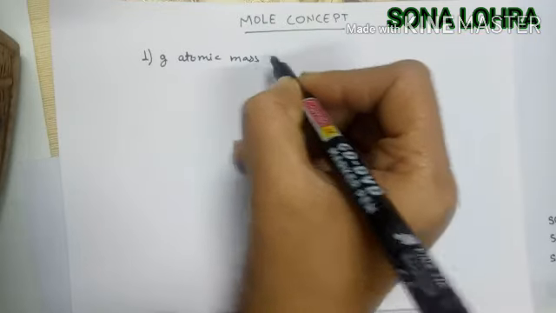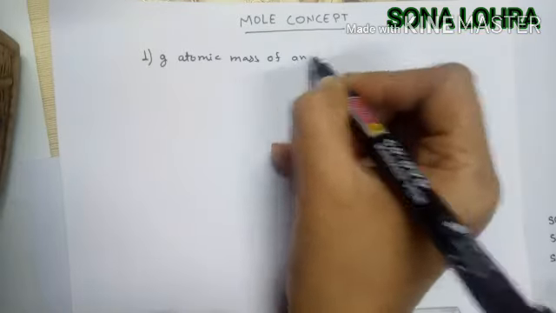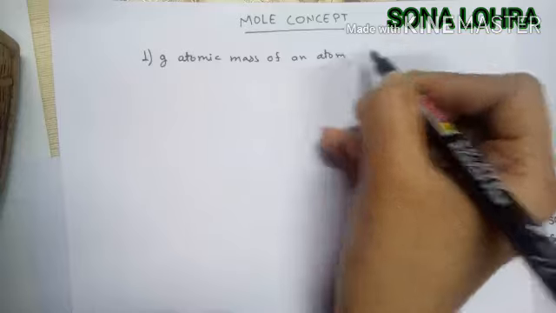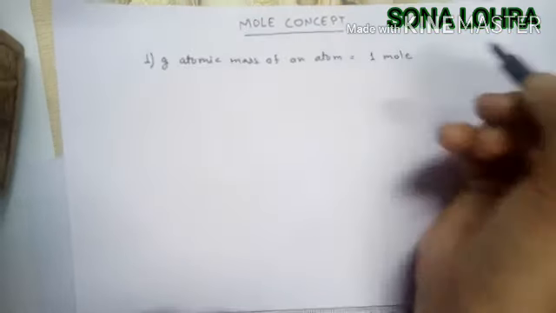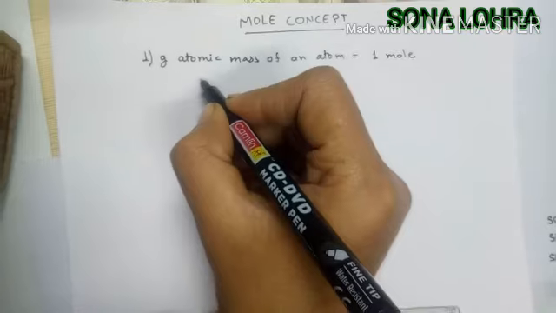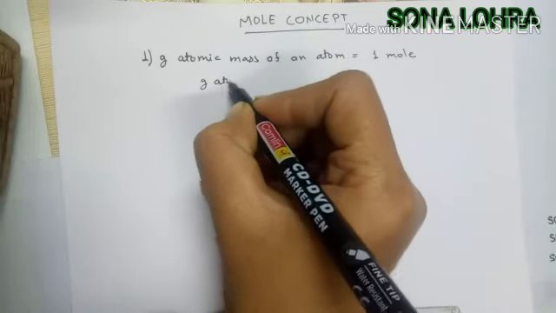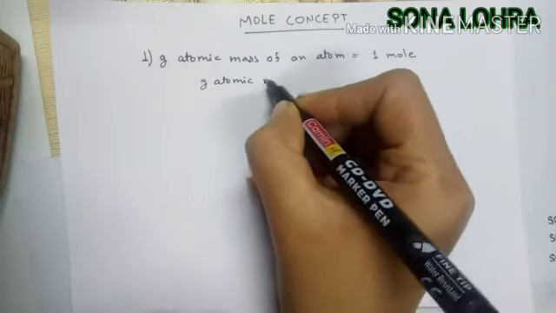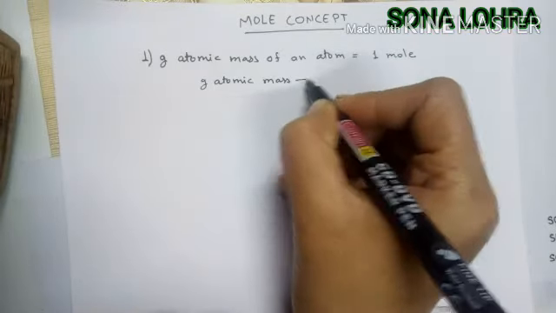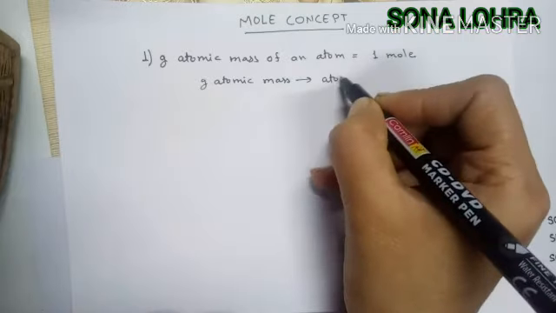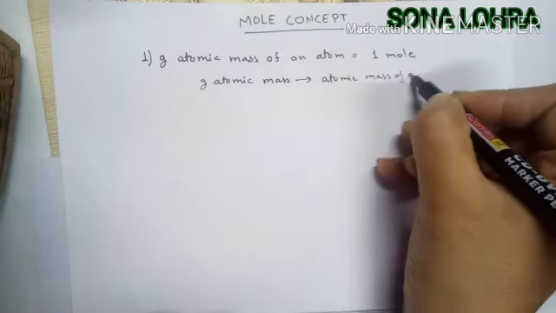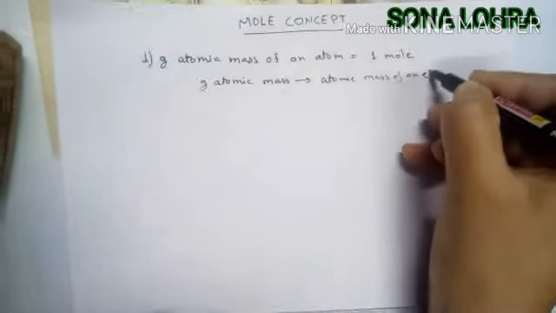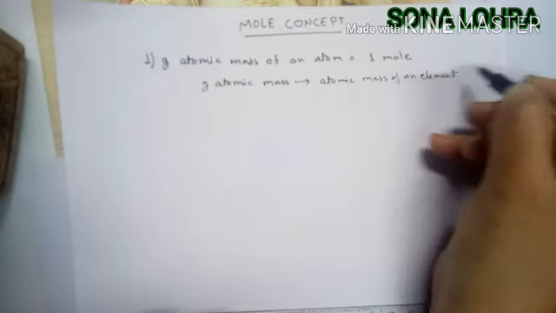If the atomic mass of any element is taken in grams, as you all know that the atomic mass is measured in unified mass, but if the same amount is taken in grams, that is equal to 1 mole of that element.